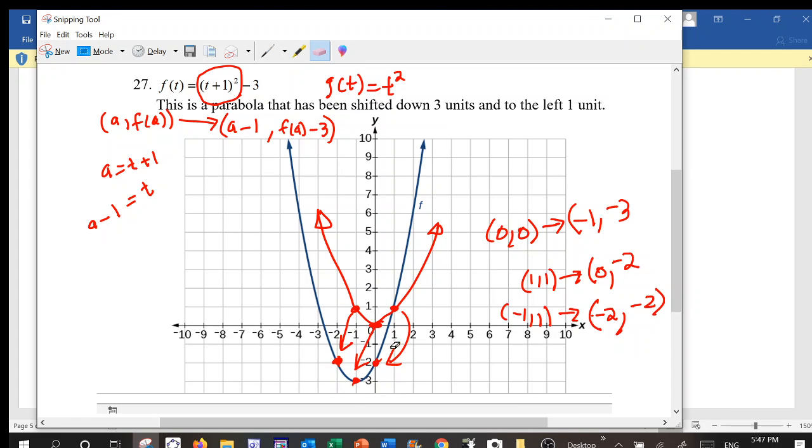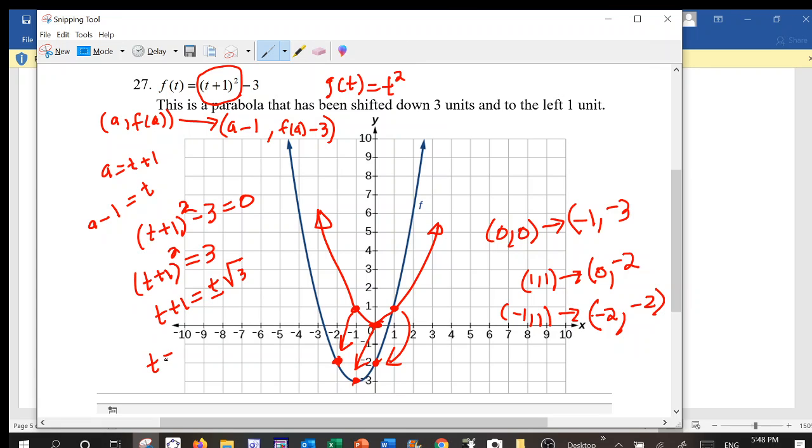Again, the x and y-intercepts, we have to figure out what they are. The y-intercept is easy. If you put a 0 here, you get 1 minus 3, which is negative 2. So that's the y-intercept. And for the x-intercept, just take t plus 1 squared minus 3, set it equal to 0. So t plus 1 squared is 3. So t plus 1 equals plus and minus square root of 3.